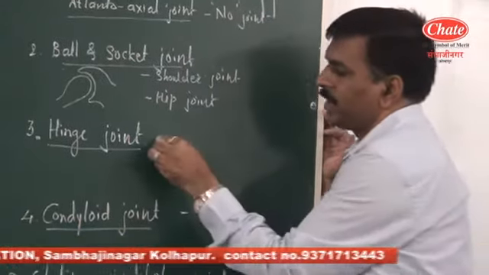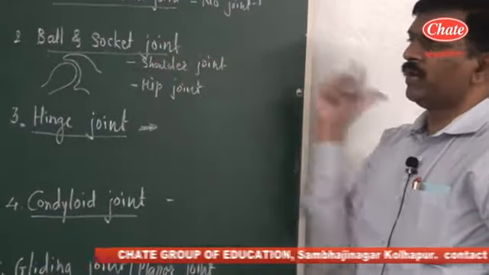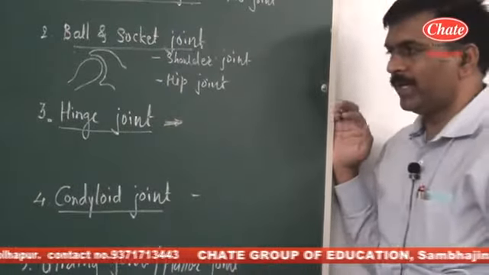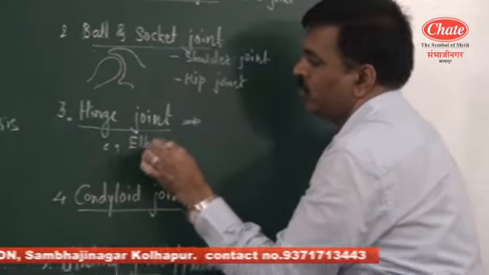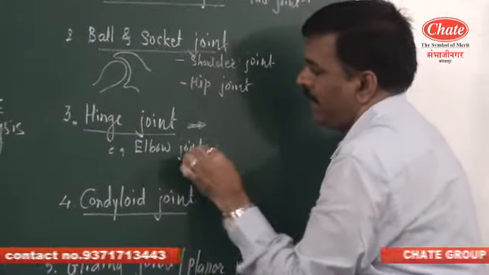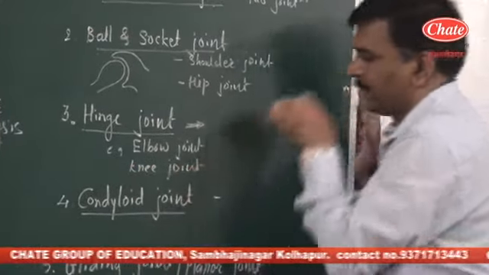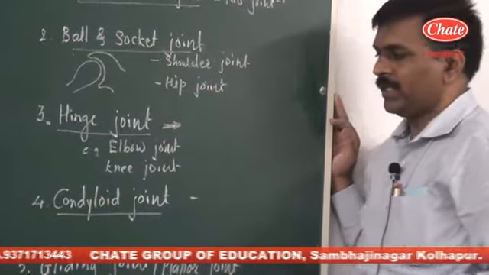Then hinge joint. It works in only one plane, because in ball and socket joint we observed multi-axial movement, while in hinge joint there is uniaxial movement. Good examples of the hinge joint are the elbow joint and the knee joint. These are the most common examples of the hinge joint, which allows uniaxial movement.